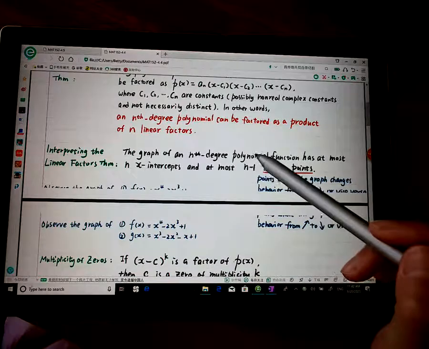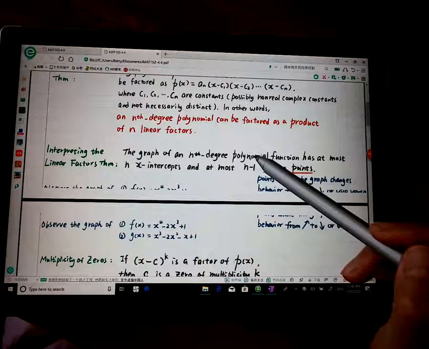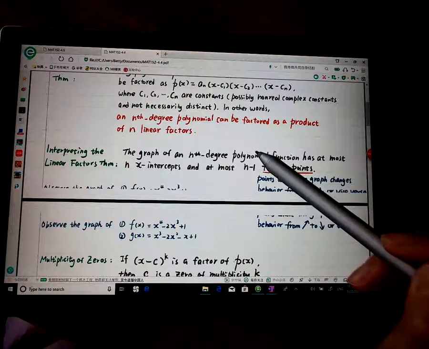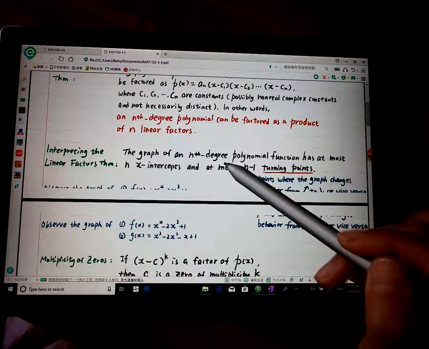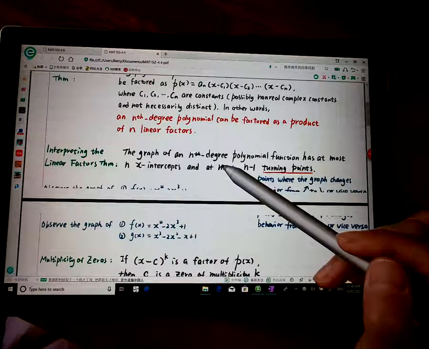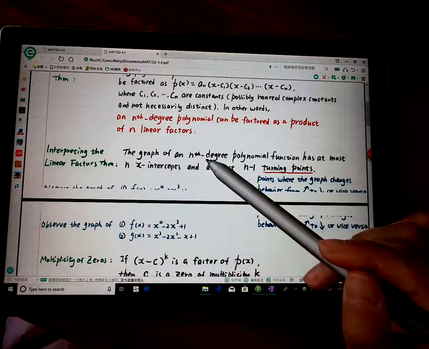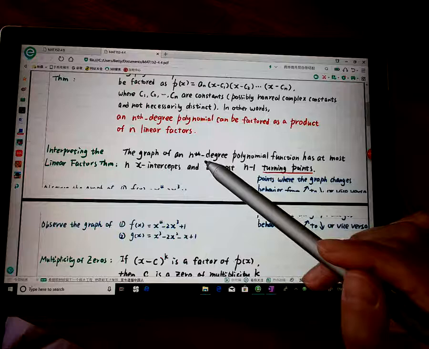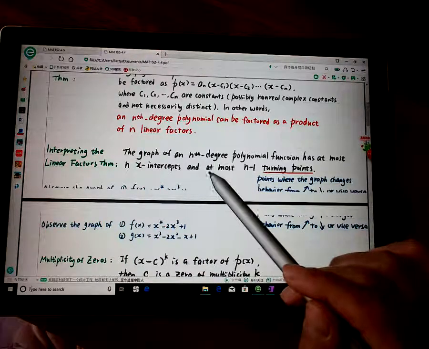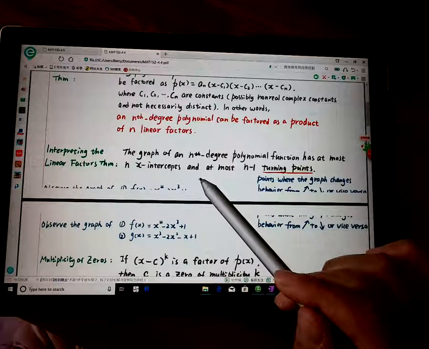If we have a polynomial function with degree n, all the coefficients of the polynomial must be real numbers, of course. Then it has exactly n zeros, right? If the n zeros are all real numbers and are all different, then the polynomial function would have exactly n x-intercepts.